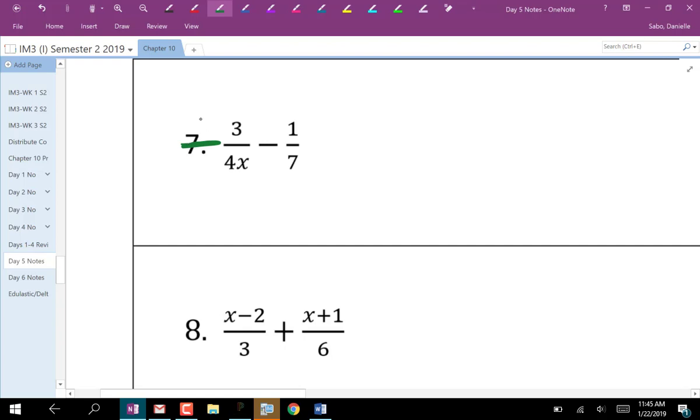Yeah, I heard someone say 7 is correct. Now take a look here. I need 28x. Do you notice it needs an x still? So you have to put that x on the top and bottom. You need that x. Otherwise, you still wouldn't be able to combine them. Well, 7 times what number gets me 28? 4. Very good. So I'm going to add that 4 in there as well.